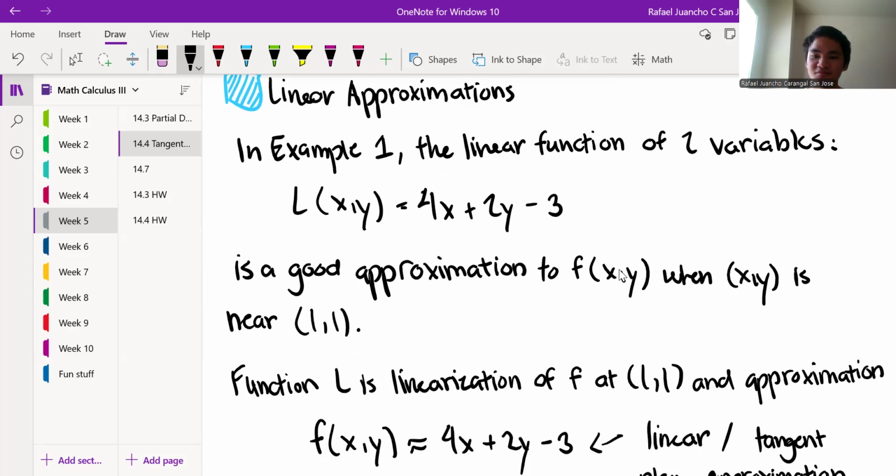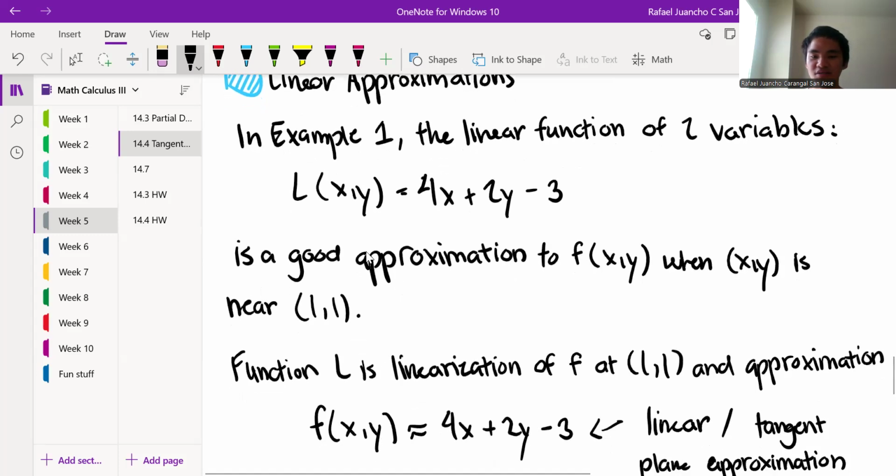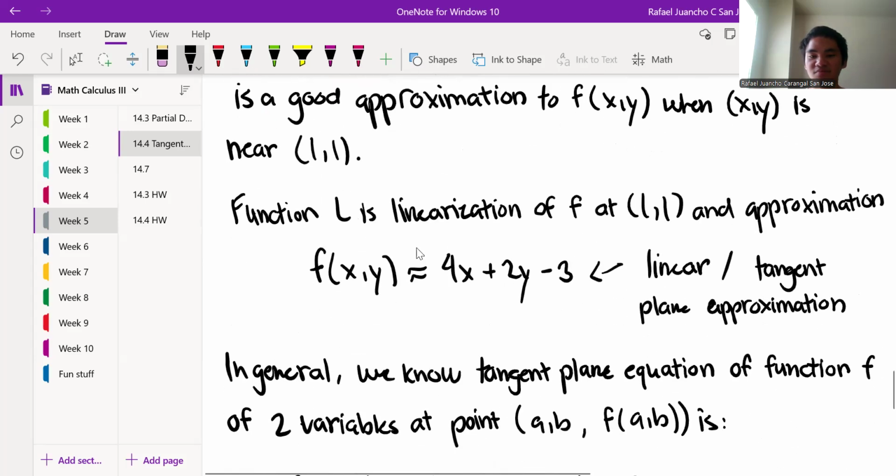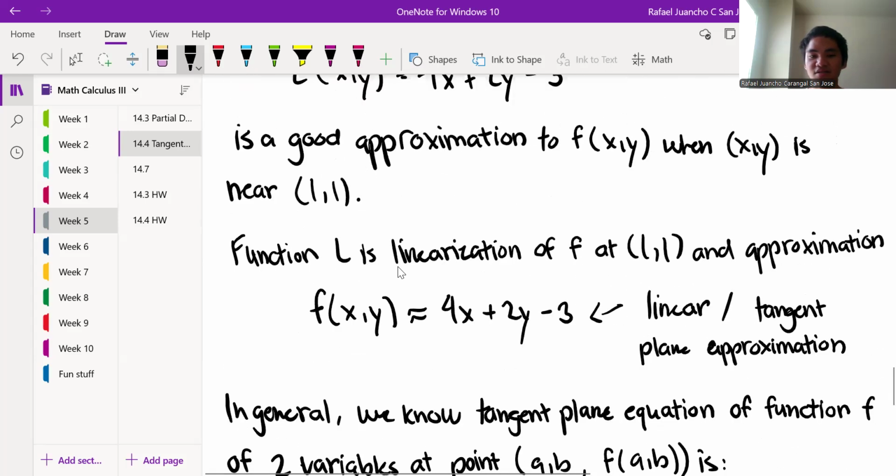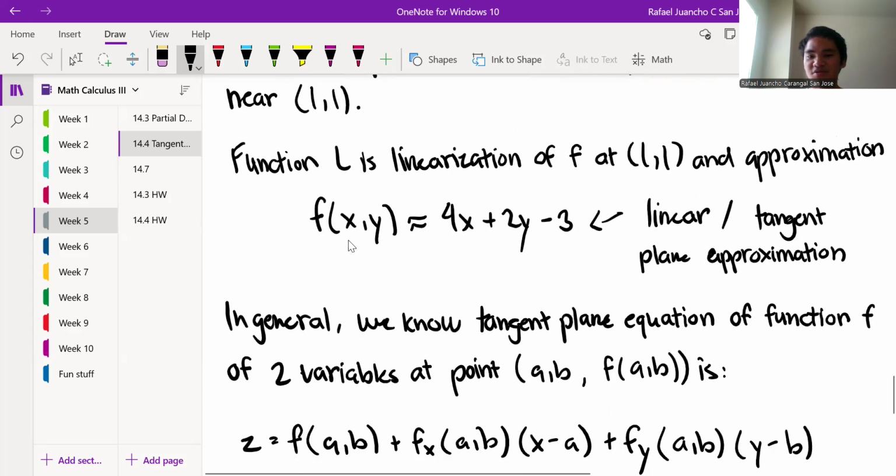This is just the quadratic surface, so it's a good approximation to that surface when our x, y is near some specified point. And so we say that L is the linearization of f at that point, and the approximation is just f.